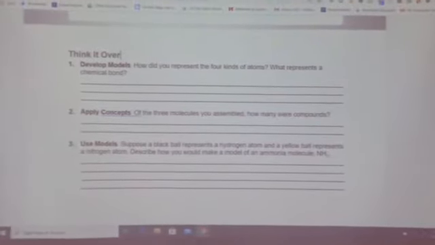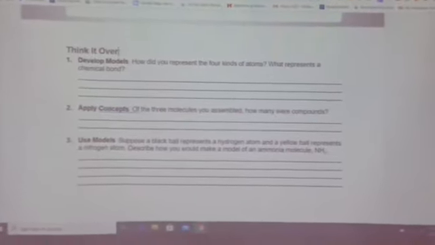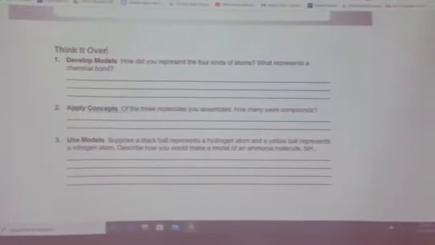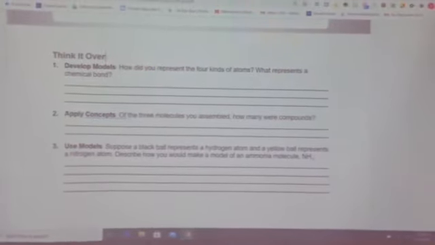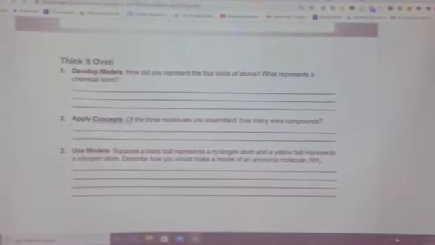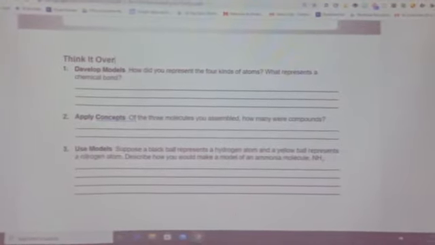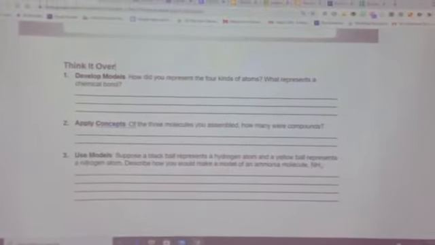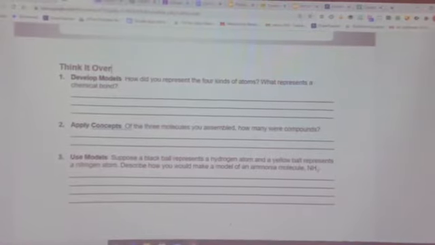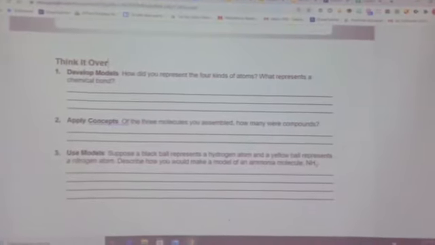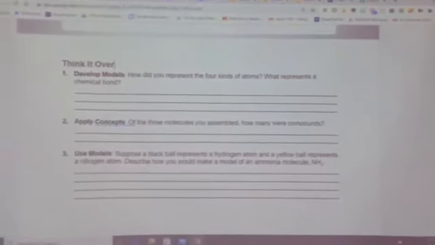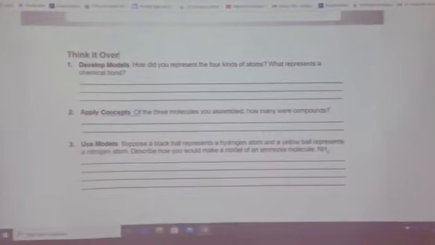Number 3 says use models. Suppose a black ball represents a hydrogen atom and a yellow ball represents a nitrogen atom. Describe how you would make a model of an ammonia molecule, which is NH3. Now remember, you're kind of applying what we did in this lab.